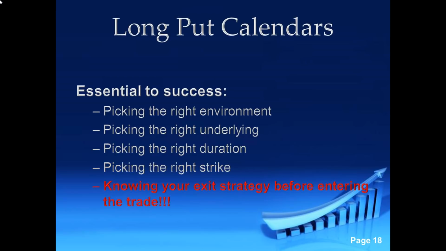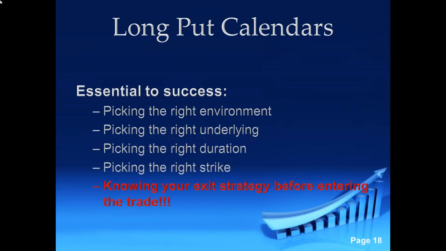So, knowing your exit strategy before entering the trade. And one thing I mentioned before I get into the actual exit strategy, all of this has to do with being mechanical, right? Sticking with these rules. And one of the ways to stick to the rules is to write them down on a piece of paper.